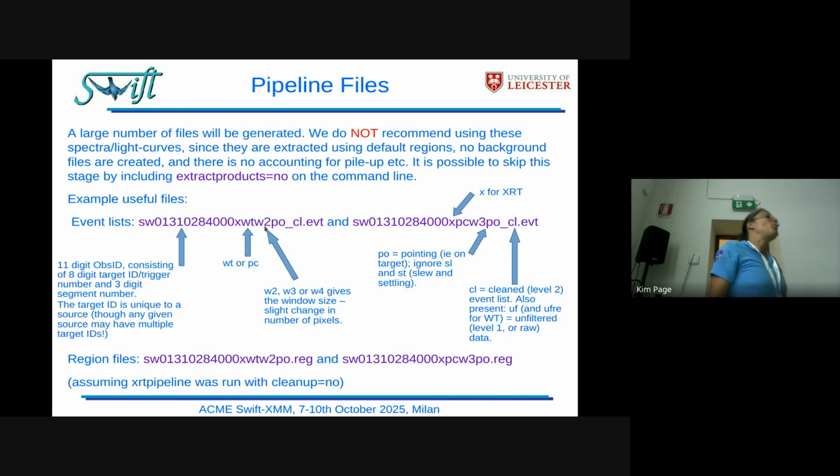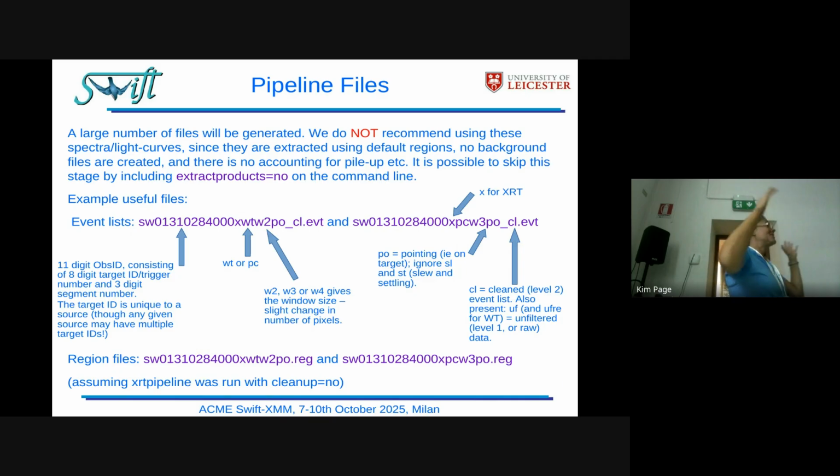The next 2 are the window size. As a user, it doesn't make any difference to you. Basically, for the PC mode, which is the one over here, the full window is 600 pixels by 600 pixels, but sometimes we have calibration sources in the corners that we've changed the size of the windows to get more or less of the calibration sources over time. The calibration sources are masked out for normal science data, so you guys won't see them.